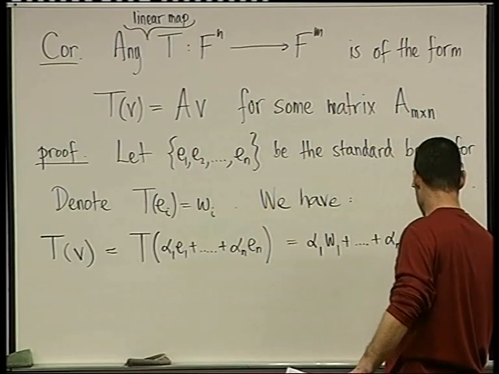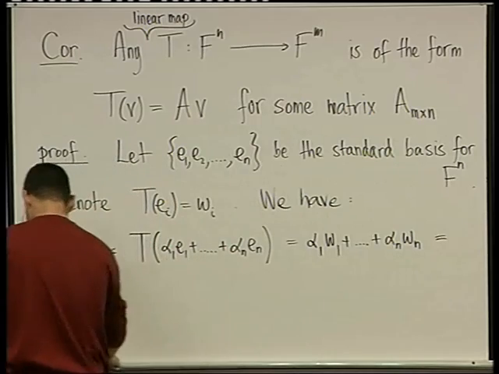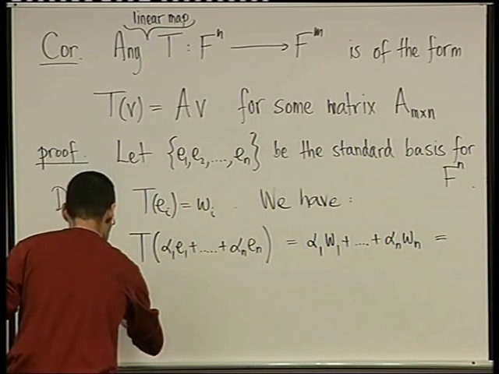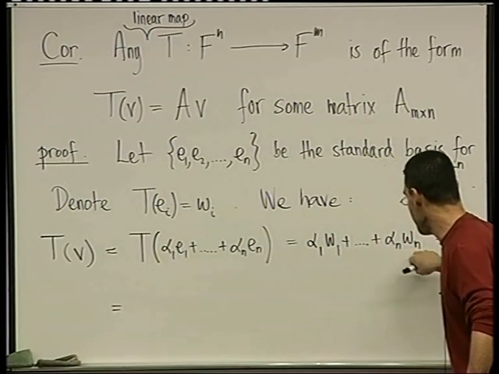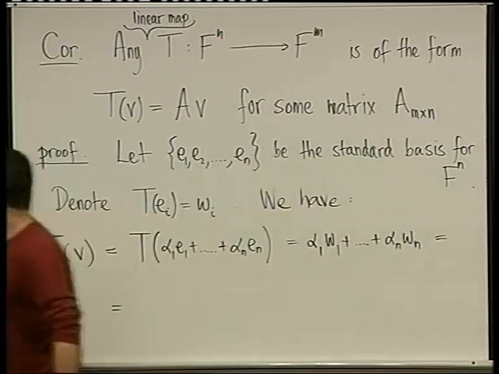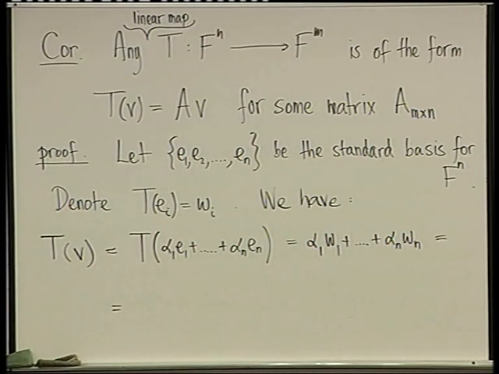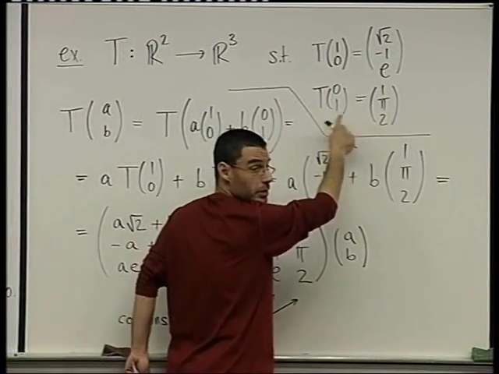And this equals, just like in the example, let's look at the example again. In the example, we're now at this point. This is W1, that's T of E1. This is W2, T of E2, right?